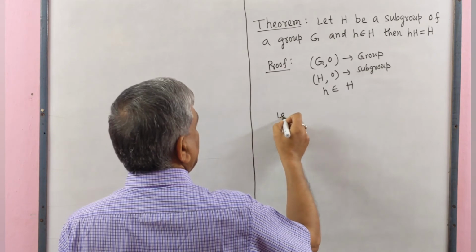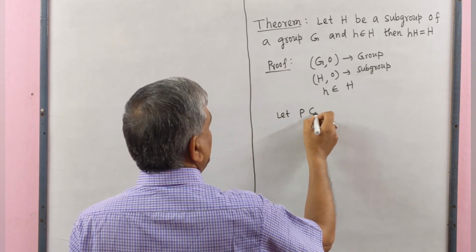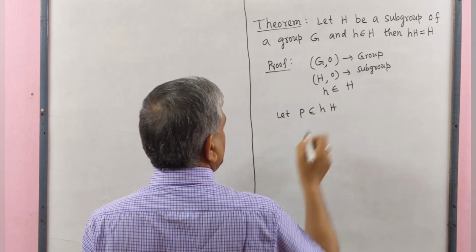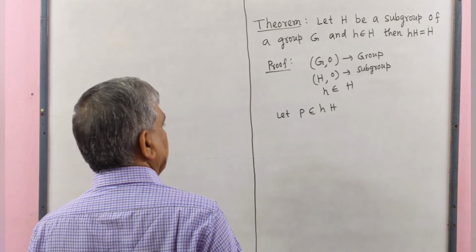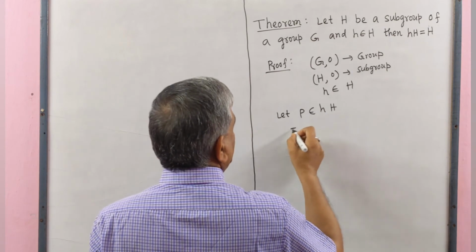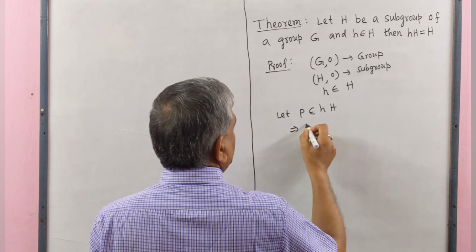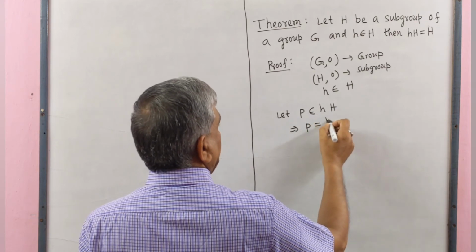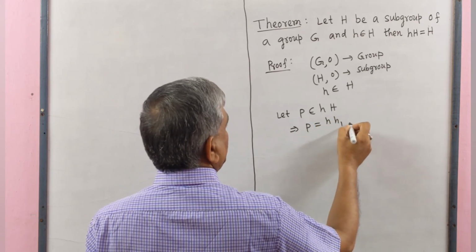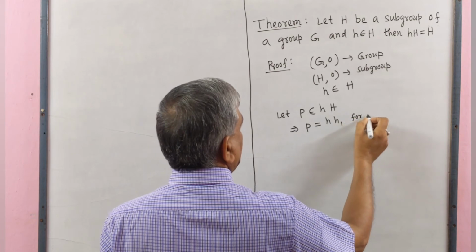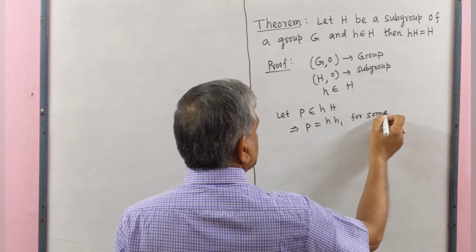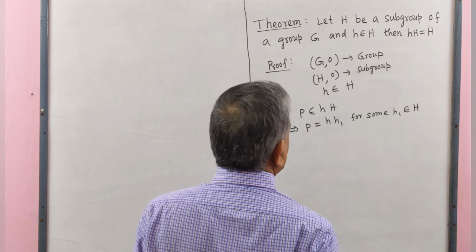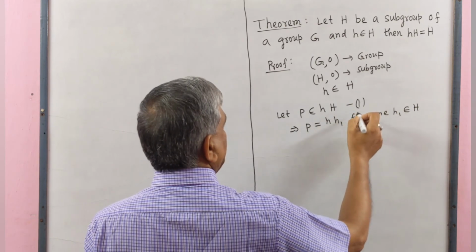Let P belong to small h capital H. This implies that P equal to h H1 for some H1 belongs to capital H. This is number 1.